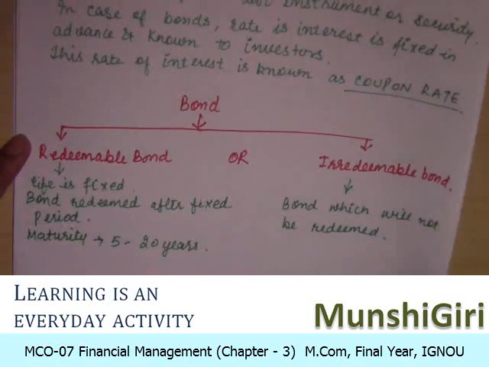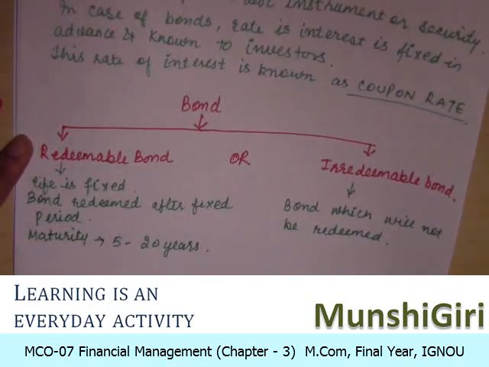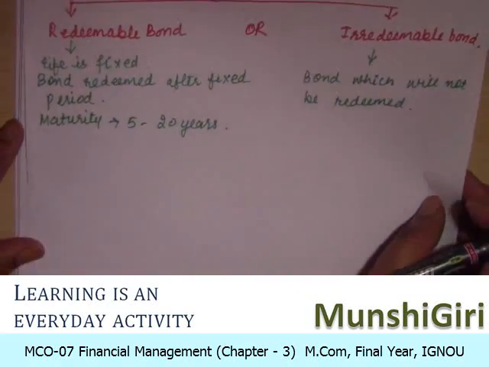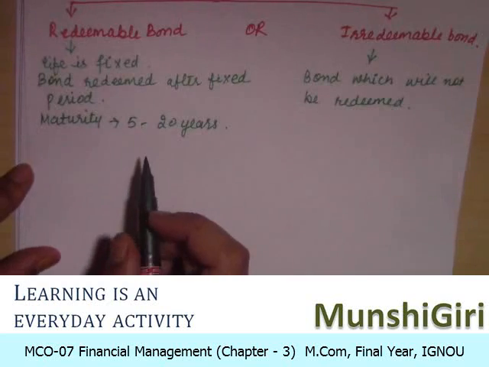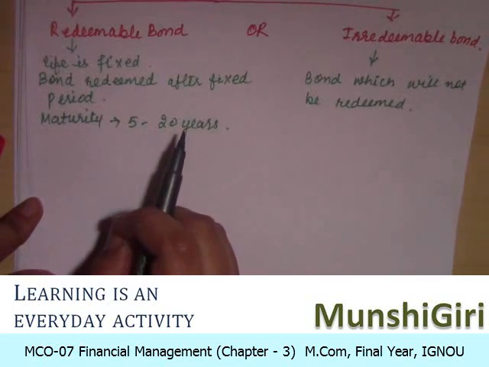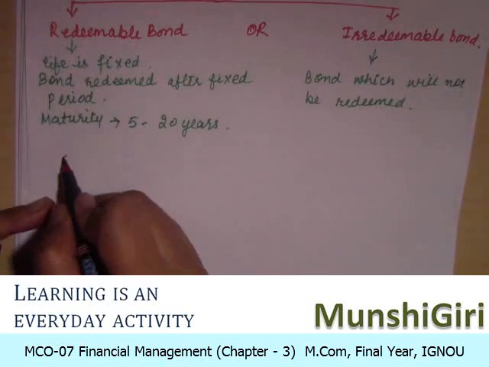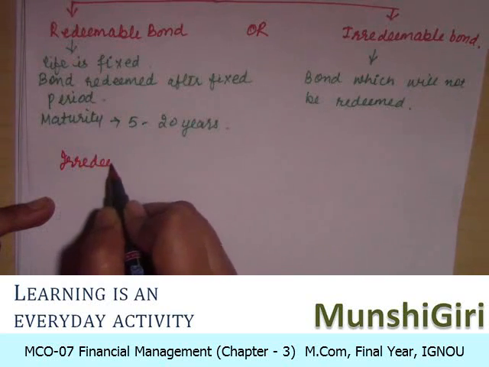Now in questions we will be asked to calculate the fair value or the present value of the bond. Okay, so in case of irredeemable bond, first we are looking at irredeemable bond.